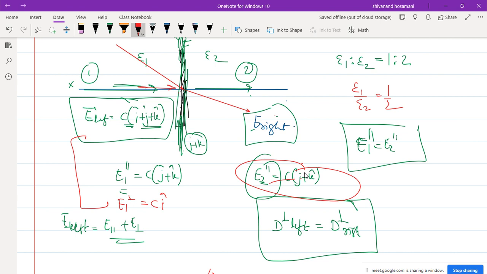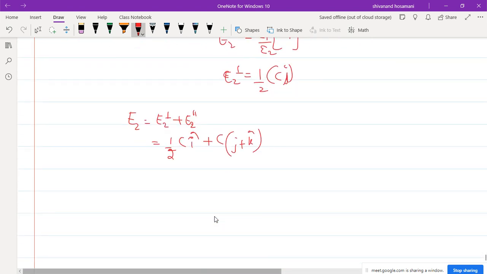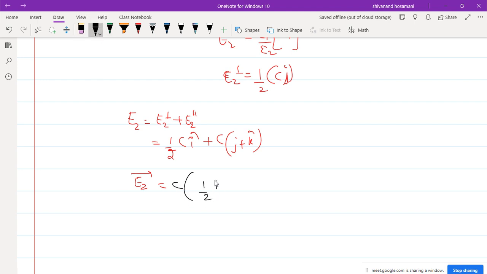Correct? Therefore I can rewrite this as E2 vector is equal to, C common ತೆಗೆದಿವಿ ಅಂದ್ರೆ, C times 1 by 2 times I cap plus J cap plus K cap. This is what E2 is.